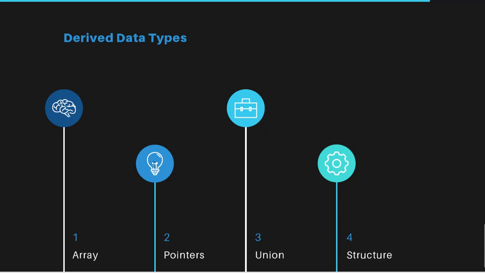Union is a special data type that enables you to store different types of data in one variable. Okay, so the union can help you store an int, float, character in the same variable or in the same container.